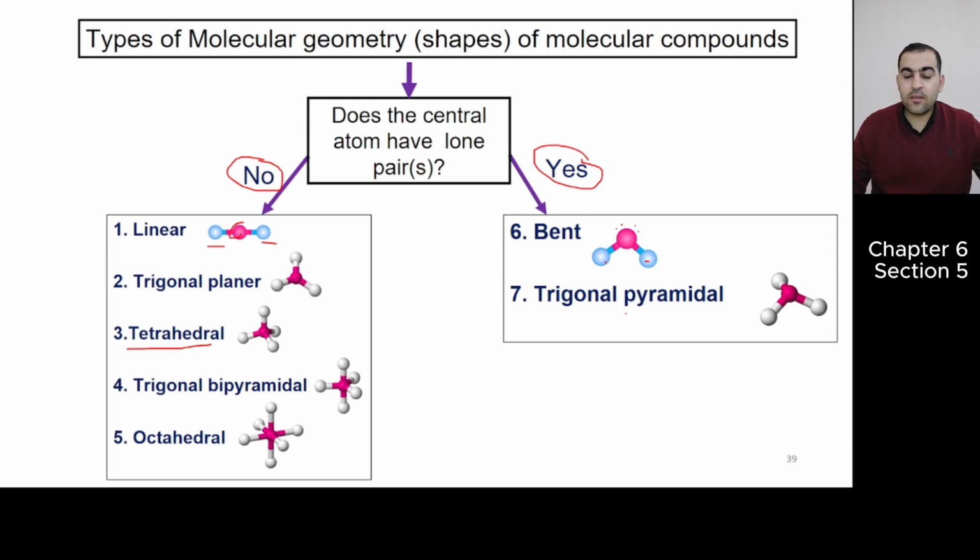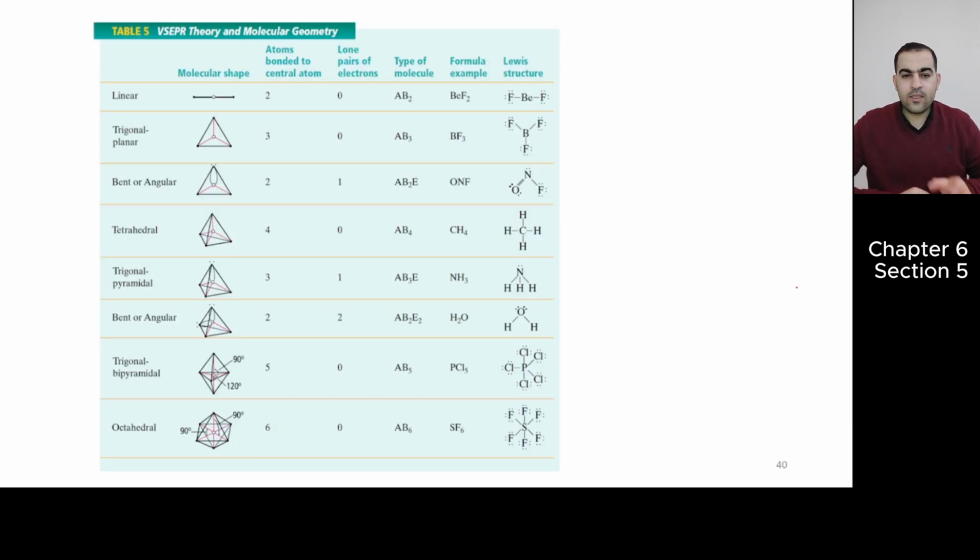And trigonal pyramidal: 3 atoms are bonded to the central atom, like in trigonal planar. What's the difference between these two? 3 atoms are bonded to the central atom, but the central atom has a lone pair, one lone pair only. Okay? Look at this table. This table tells you everything about the shapes. These are the names of these shapes. There are 7, okay?